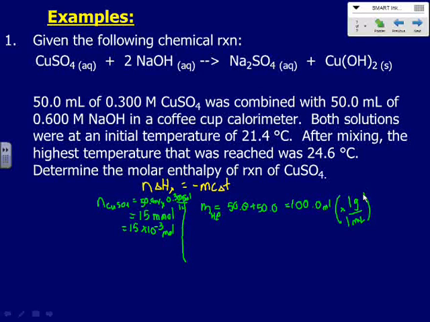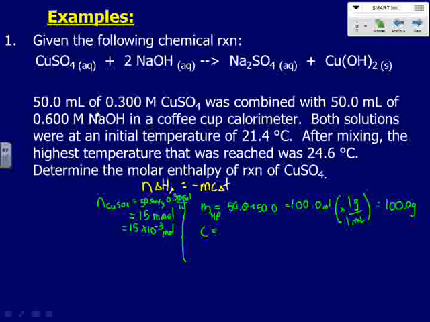That's our density assumption, and therefore we can say we have 100 grams of water. Okay, so we add our volumes up. We assume that it's got a density of 1. We have 100 grams of water.